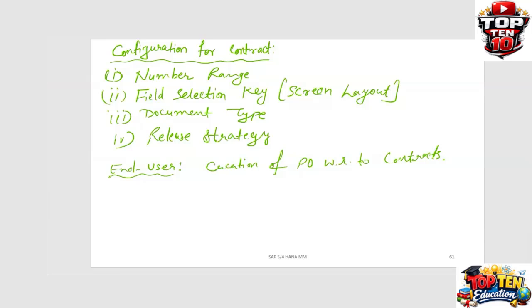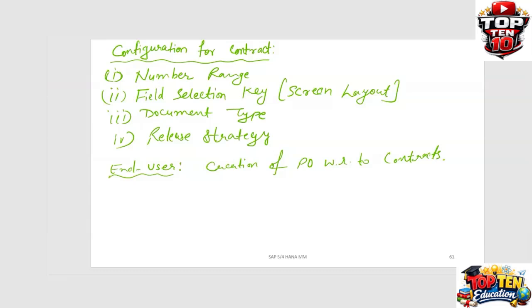Internal number range, which one? 24. External number range, 27. Field selection key can be taken from here, ZA MKK. Save.